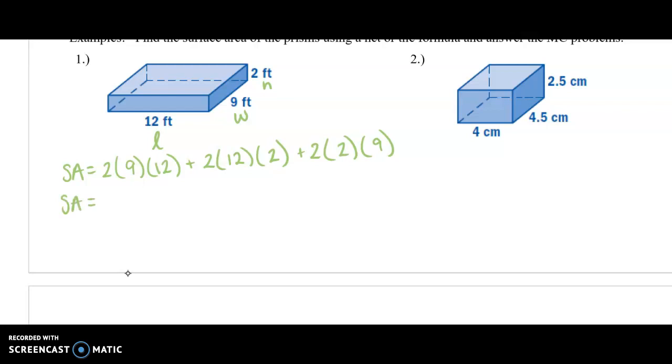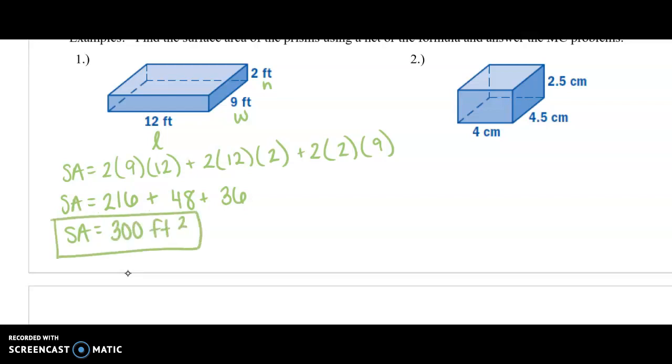So from there, we're going to do some multiplication. 2 times 9 times 12 is 216, plus 2 times 12 is 24, times 2 is 48, 2 times 2 is 4, times 9 is 36, and add those up to get 300 feet squared for your surface area.